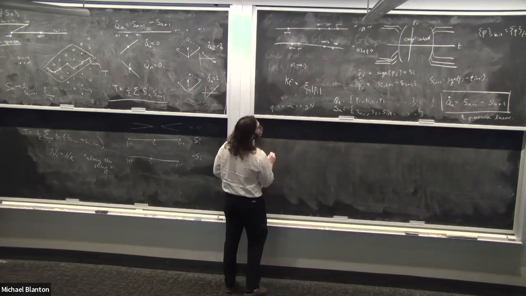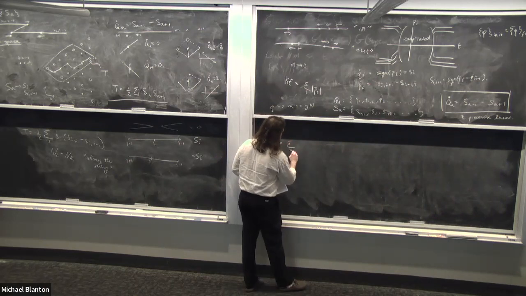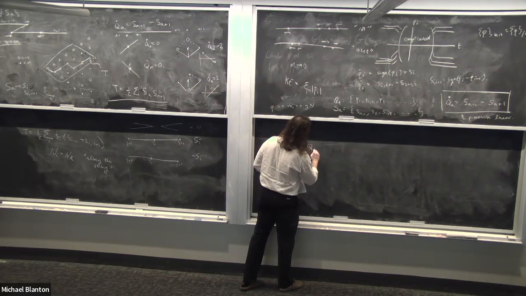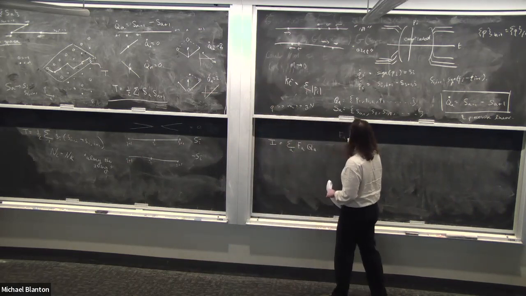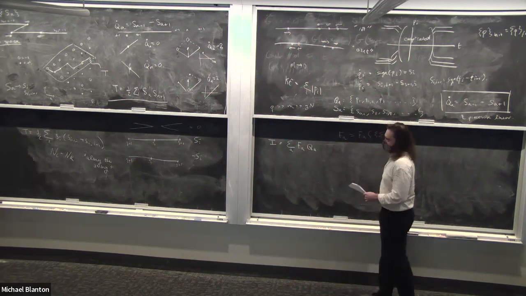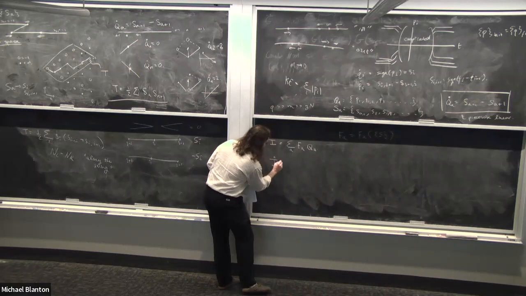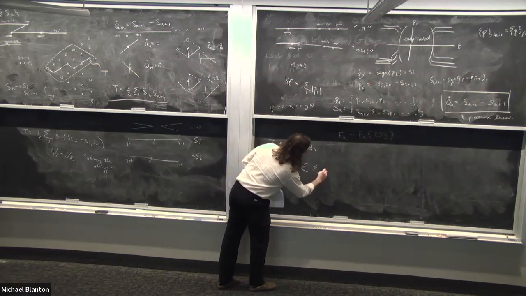So a good starting point is to look for integrals of motion of the following form, where f is just some function of all the signs I have. Okay, take the time derivative of this and we want it to be 0. You get two pieces.